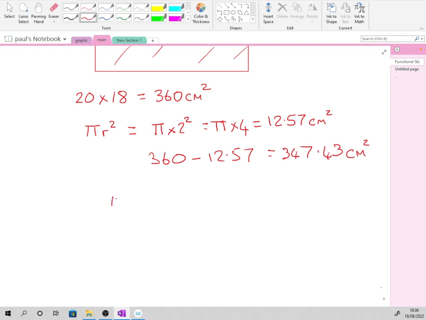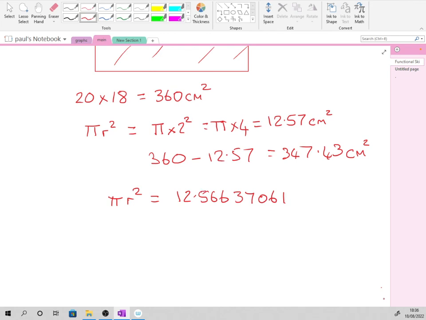So if I do that pi r squared again, and I use shift pi times 4, that actually comes out to be 12.56637061.